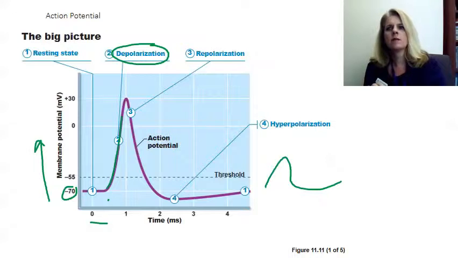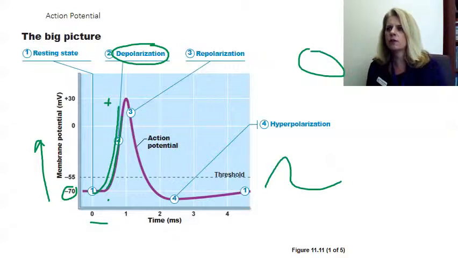That means it's becoming less polar, the inside's becoming more positive relative to what it was. So remember, if you looked at the cell before, it was negative on the inside and positive on the outside. As it depolarizes, the inside of the cell becomes more and more positive.